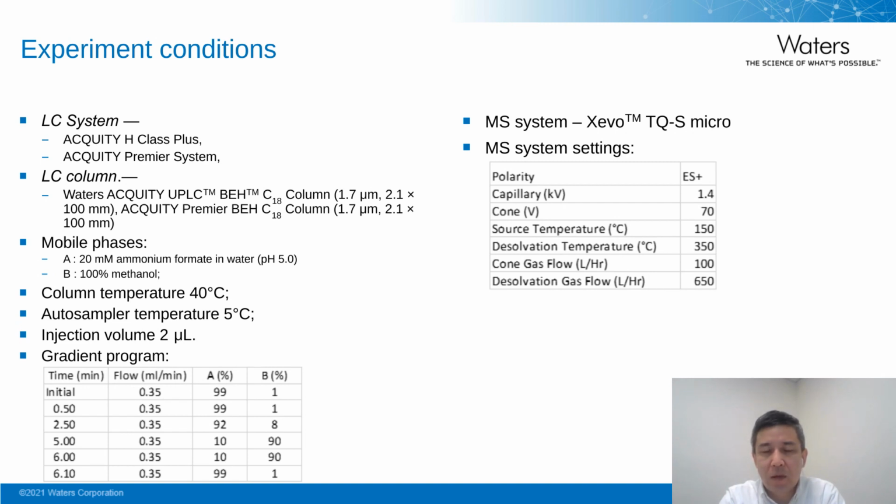These two columns are identical to each other, except the Premier column has MaxPeak technology. For the mobile phases, we used 20 millimolar ammonium formate in water at pH 5.0 as mobile phase A, and methanol as mobile phase B. The column temperature was 40 degrees C, and the gradient program is listed here. We used one mass spec instrument, a Xevo TQ-S micro, with these two different setups.